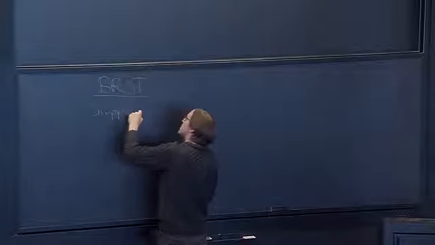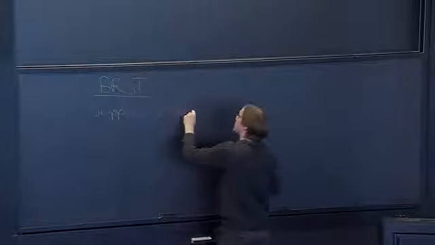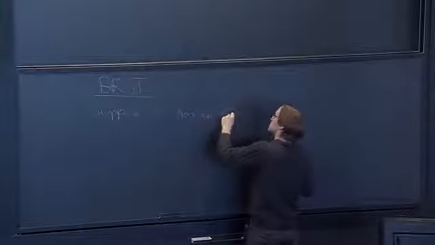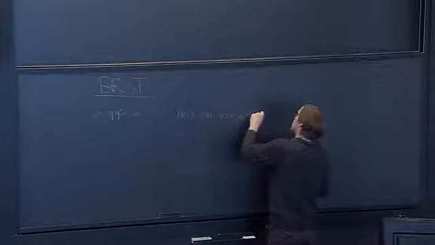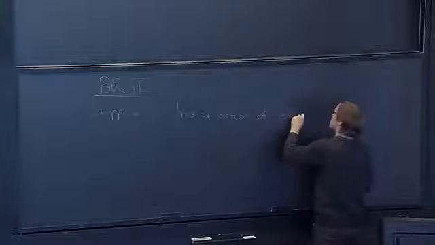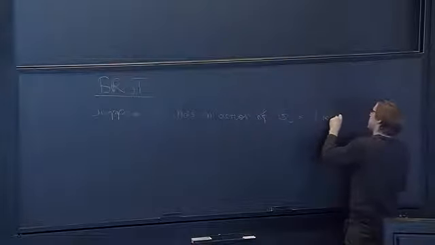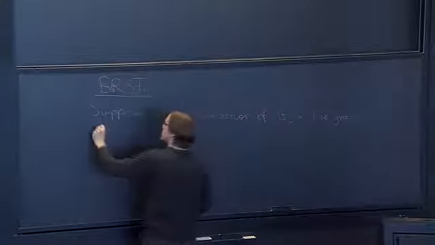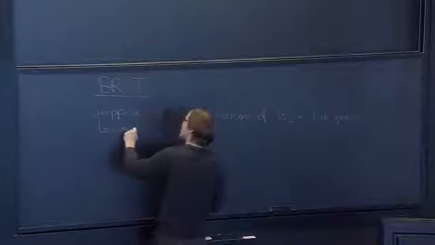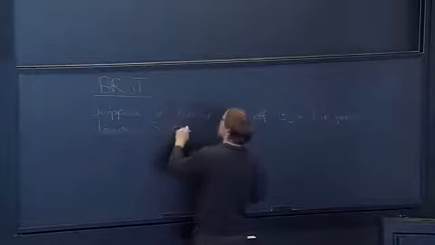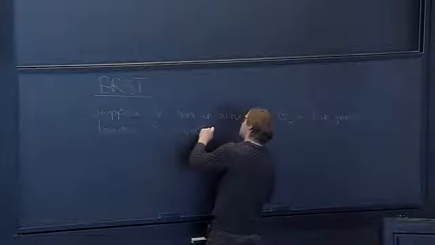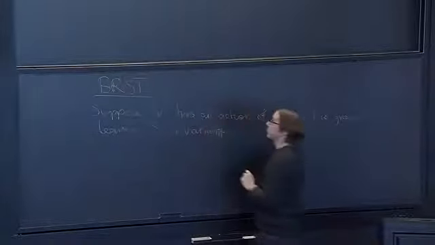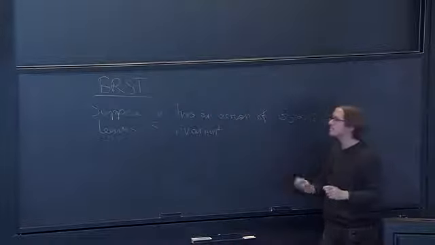Suppose that V has an action of a Lie group G, which leaves S invariant. So this is the finite dimensional version of having gauge theory.